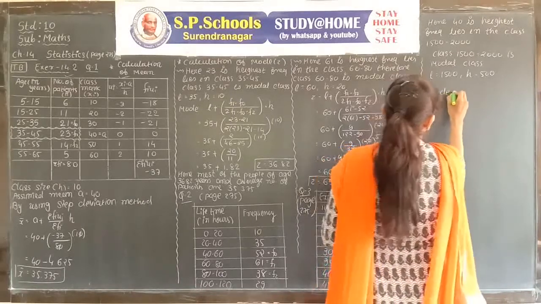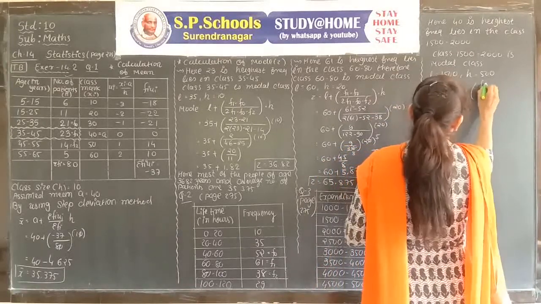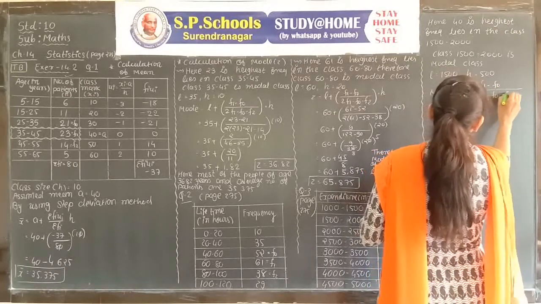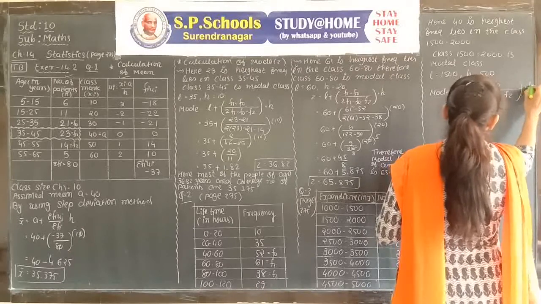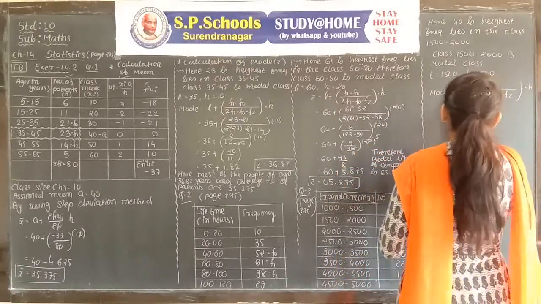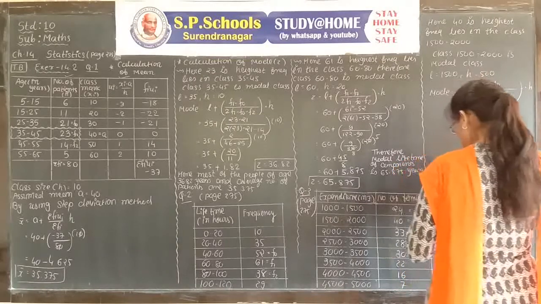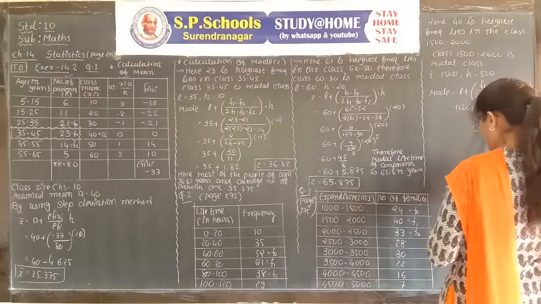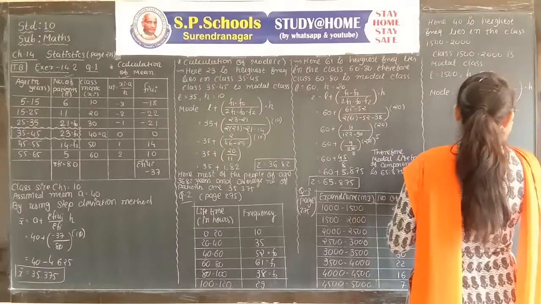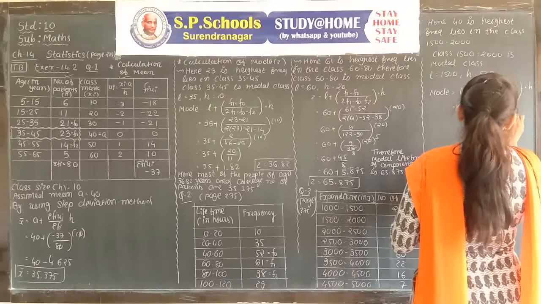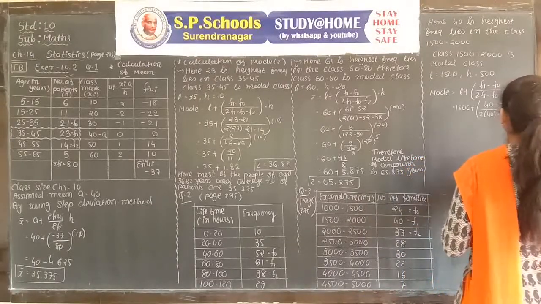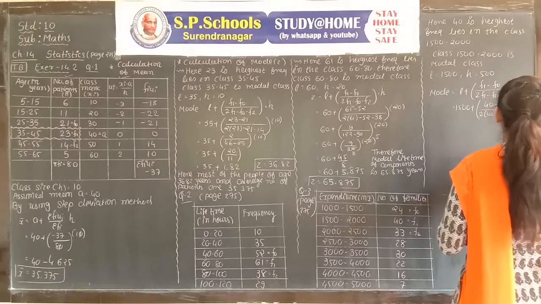Mode is equal to L plus (F1 minus F0) upon (2F1 minus F0 minus F2) into H. Now L is the lower limit, 1500, plus F1 minus F0, 40 minus 24, upon 2 into 40 minus 24 minus F2, which is 33, and the class size H is equal to 500.